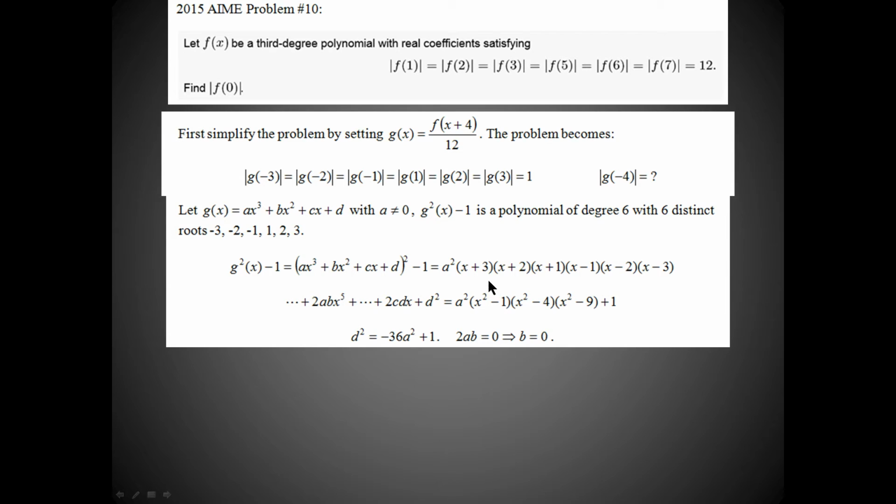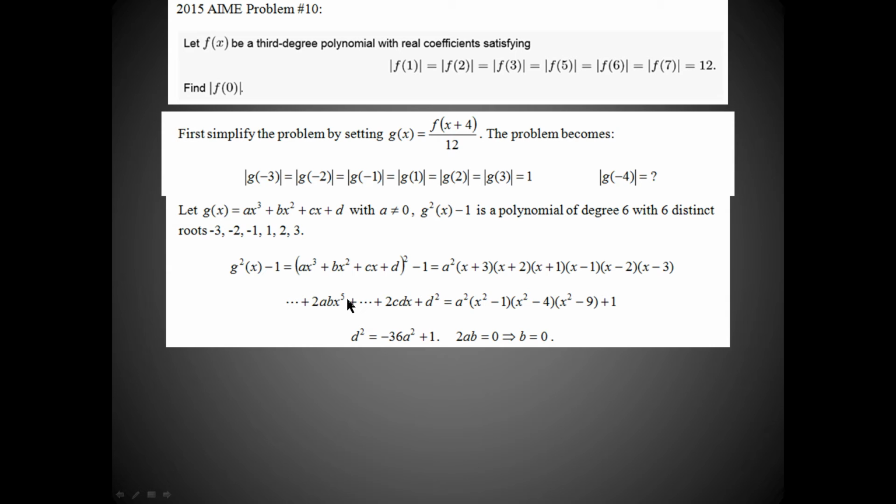On the right side, it's a polynomial in x squared, so there are no odd degree terms. So I want the x term on the left side: it will be 2cd x, those two terms multiplied together, and it's 0. Then the constant term is d squared.